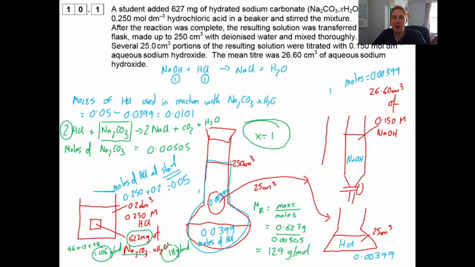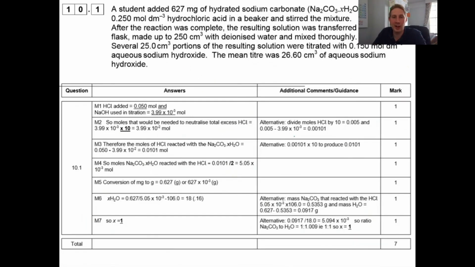Let's have a look at the mark scheme. The first mark was for the number of moles of sodium hydroxide used in the titration. The second mark was for the number of moles of hydrochloric acid, therefore, that were in the conical flask during the titration, multiplied by 10. In other words, the number of moles of hydrochloric acid in the volumetric flask. So 2 steps there for the second mark.